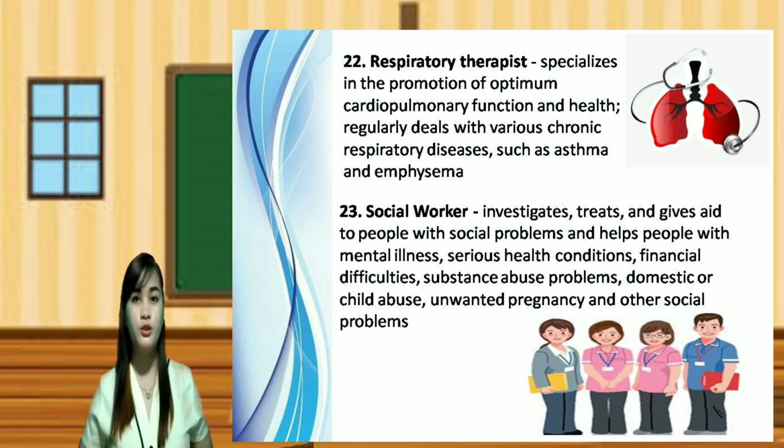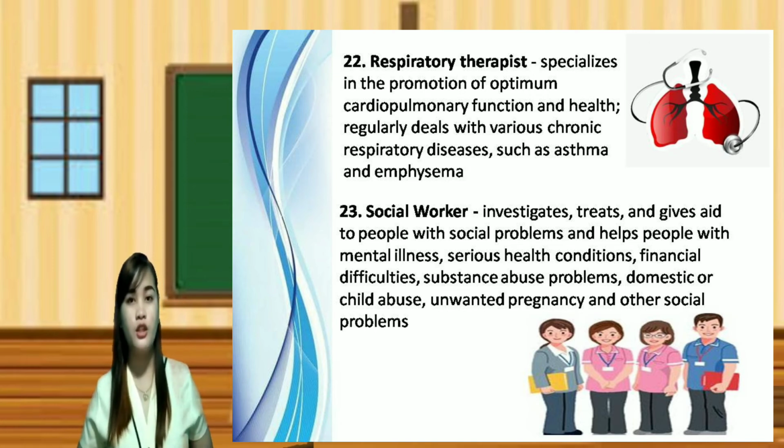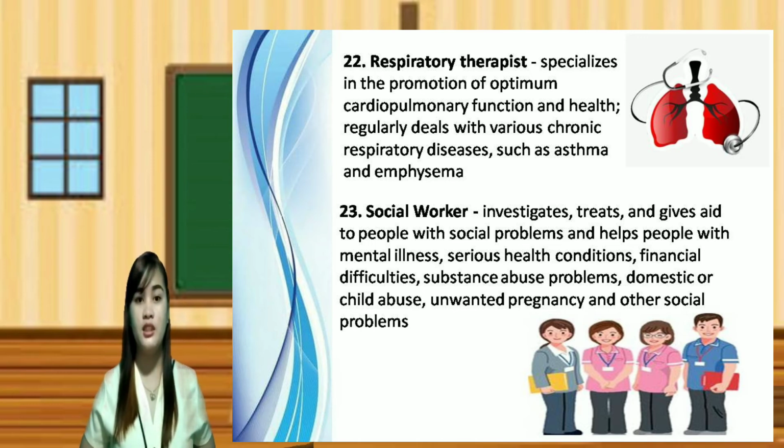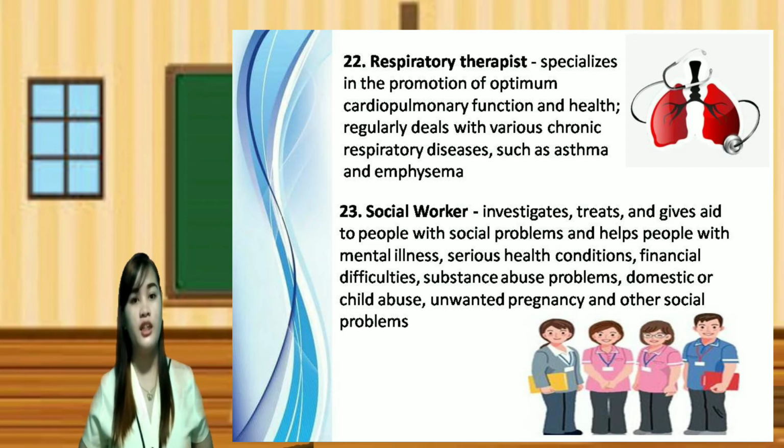Next, number 23. Social worker. Investigates, treats, and gives aid to people with social problems and helps people with mental illness, serious health conditions, financial difficulties, substance abuse problems, domestic or child abuse, unwanted pregnancy, and other social problems.